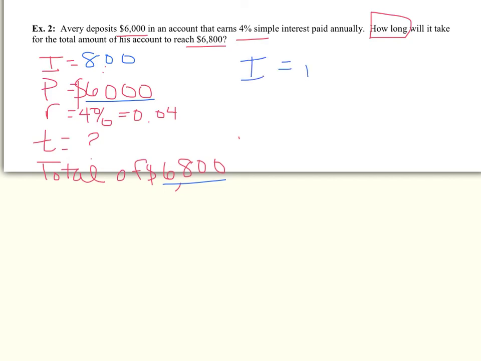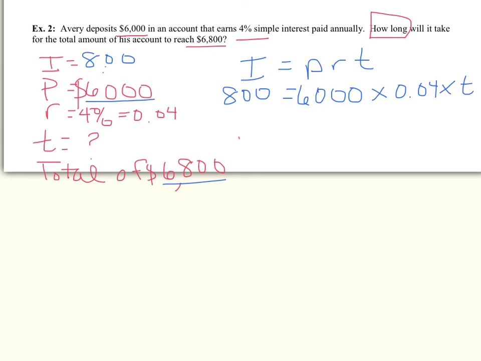So going back to our simple interest formula, I'm going to plug in everything that I know. Principal, 6,000, times our 4% interest rate, and then times our unknown amount of time.